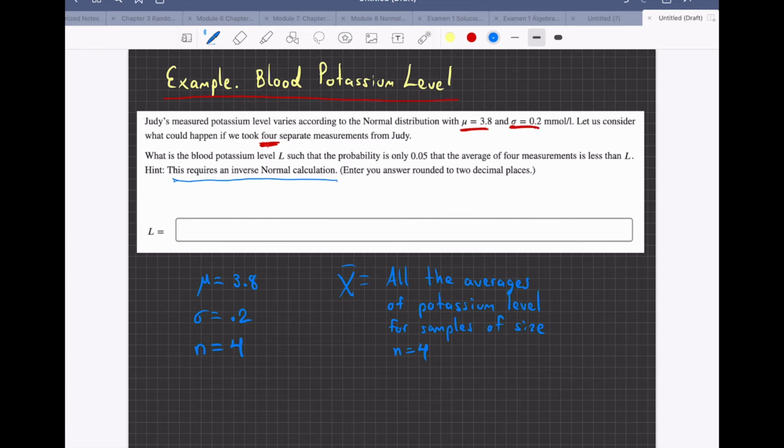First, I'm going to set up, we look for L such that the probability that X bar is less than L is equal to 0.05.